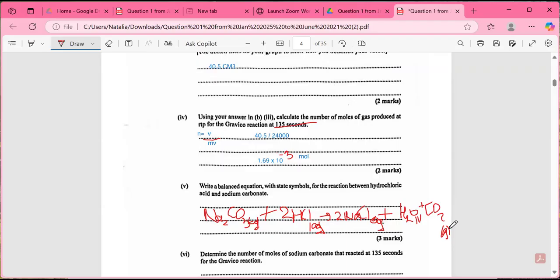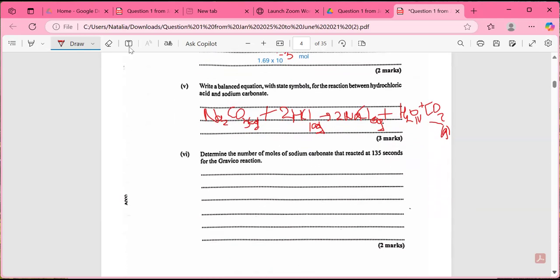Determine the number of moles of sodium carbonate that reacted at 135 seconds, right? So we have the number of moles of carbon dioxide that was produced at 135 seconds. So we're going to use this number of moles of carbon dioxide and the mole ratio to calculate the number of moles of sodium carbonate.